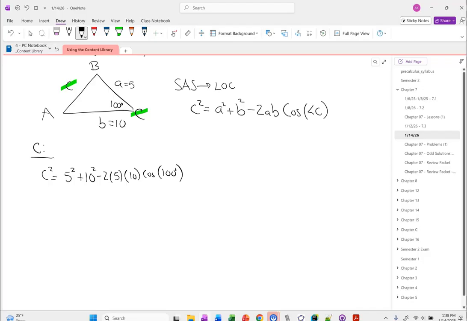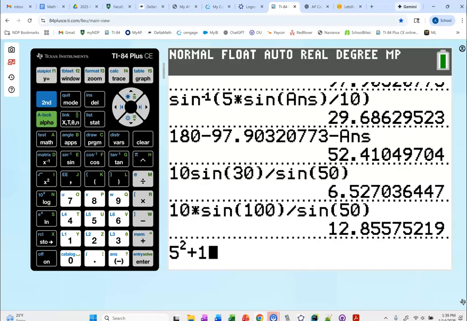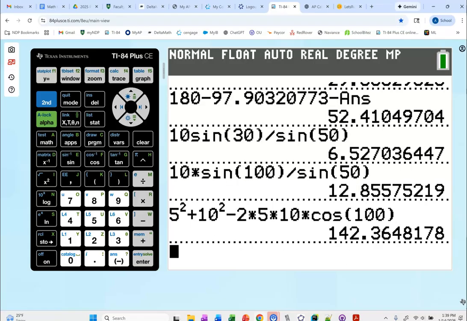So I just filled into the formula here, and I'm putting it in our calculator. So c squared is going to equal this. So that's c squared, but what do I want?